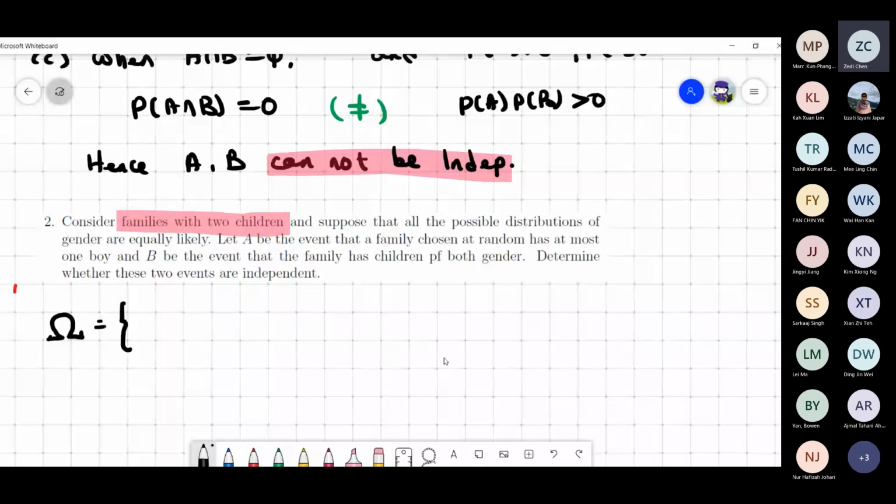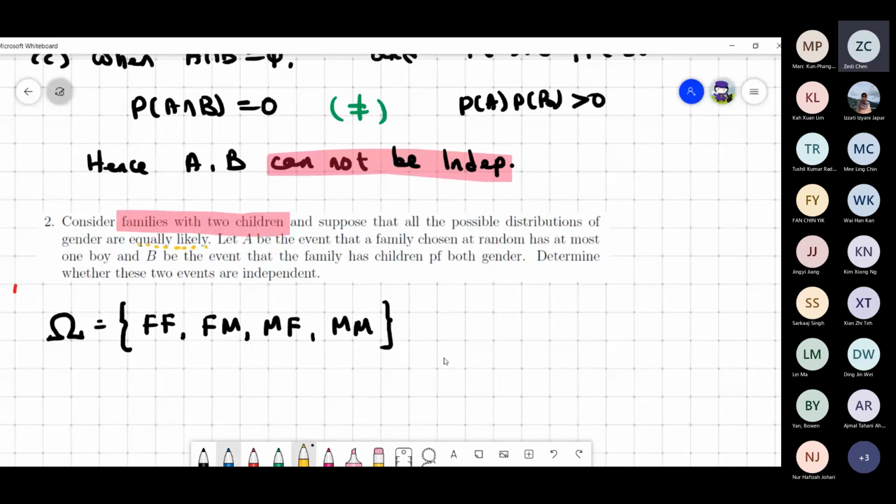That is, the first is a girl and the second is a girl; the first is a girl and the second is a boy; the first kid is a boy and the second kid is a girl; and finally, both children are male. So we're going to have 4 of them.